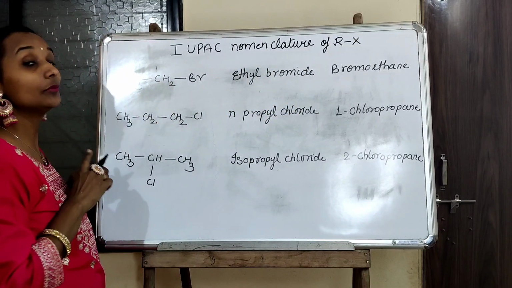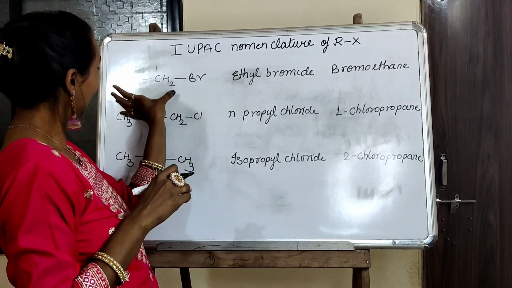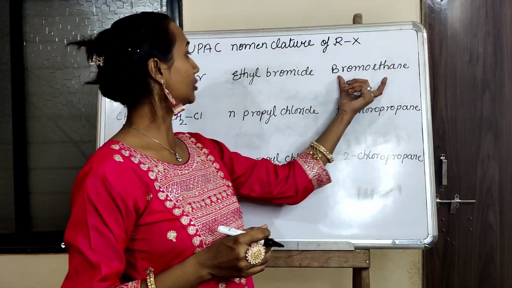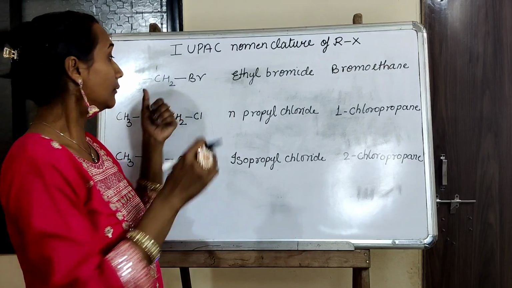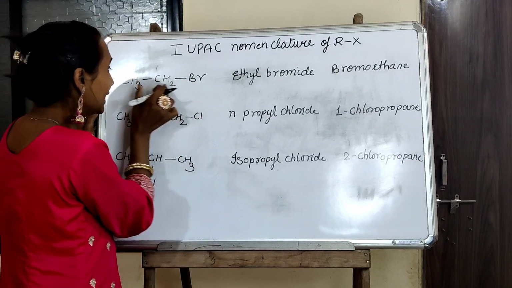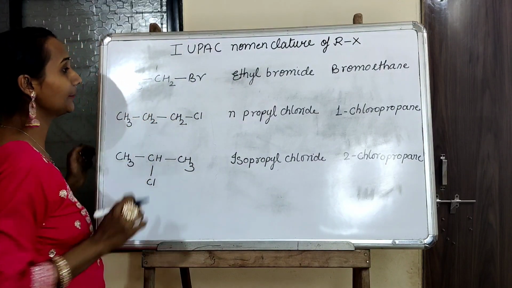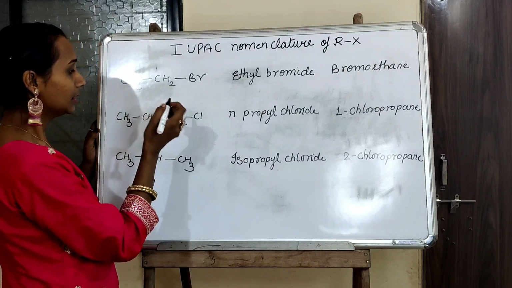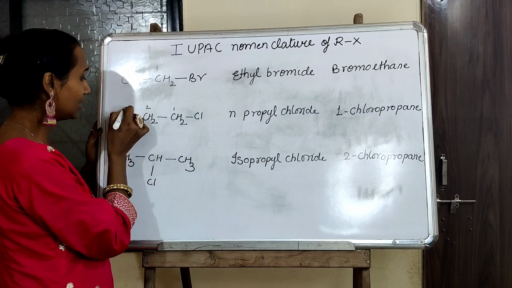So the common name of this compound will be ethyl bromide. But the IUPAC nomenclature of this compound will be bromoethane.